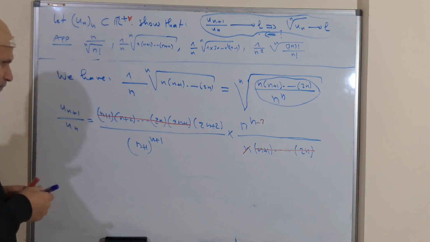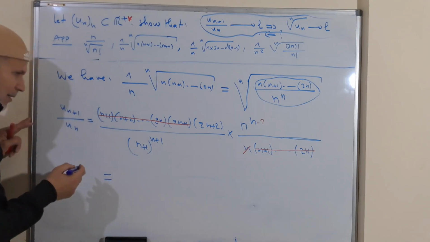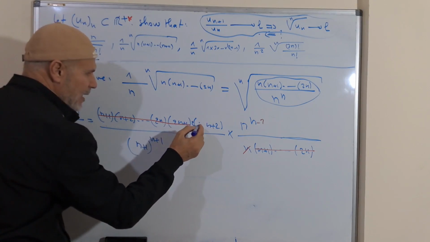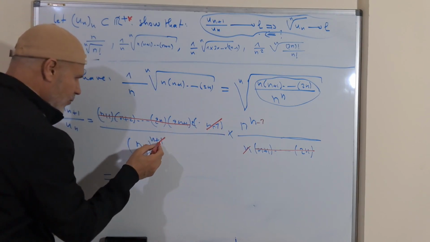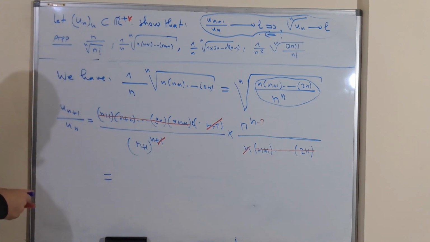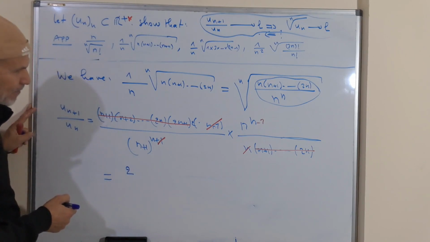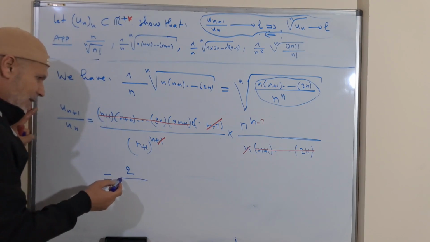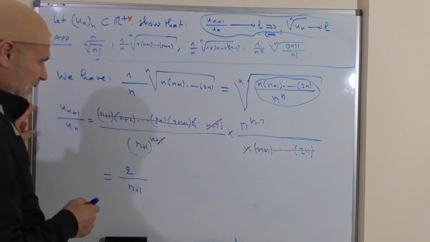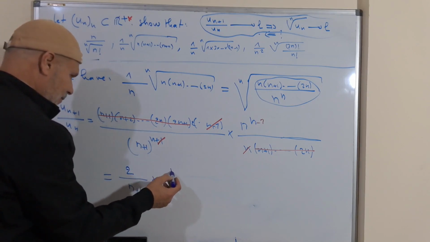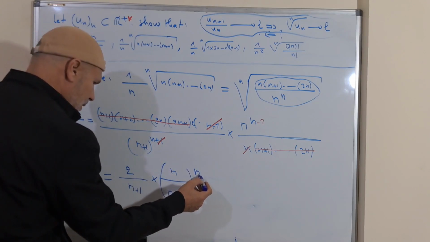Here we have 2, so we can put it here, plus 1. We cancel n plus 1 with 1. Then this will be equal to 2 divided by n plus 1, times n divided by n plus 1 power n.